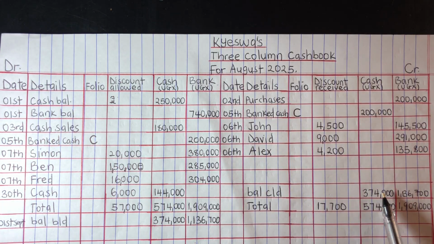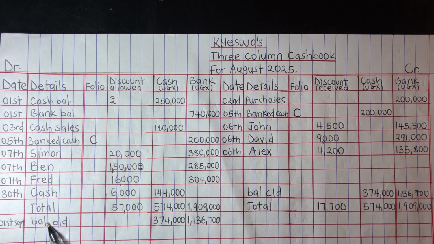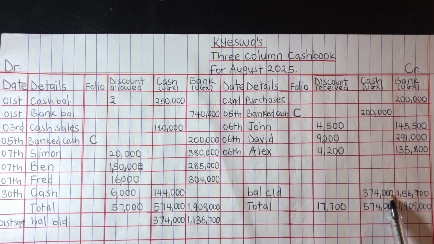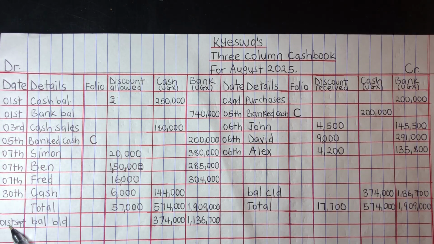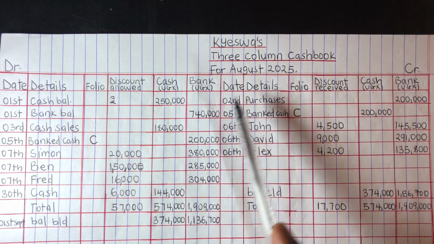So after we add and get the same totals, we are balancing. Then we transfer this balance carried down to the opposite side, the side that had the bigger total. So we transfer this balance, which is 374,000, as balance brought down on 1st September, because we have closed up August now.